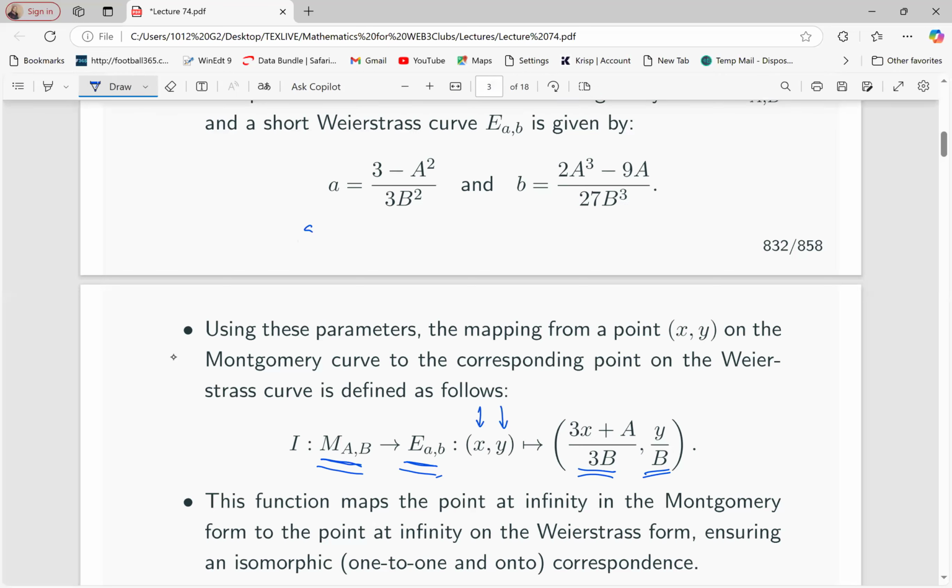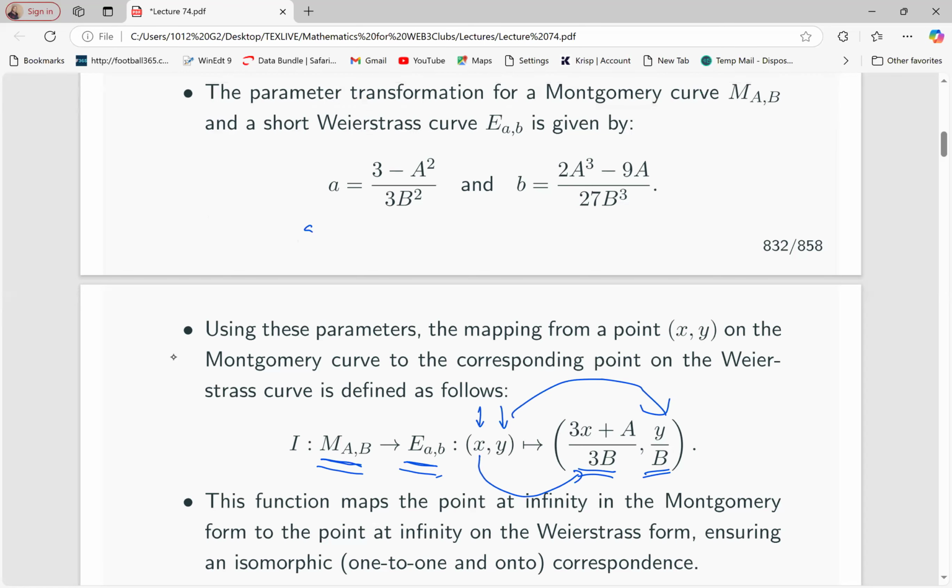So that is how we'll be doing it. It's very easy to get the y value, and it's very easy to get the x value.